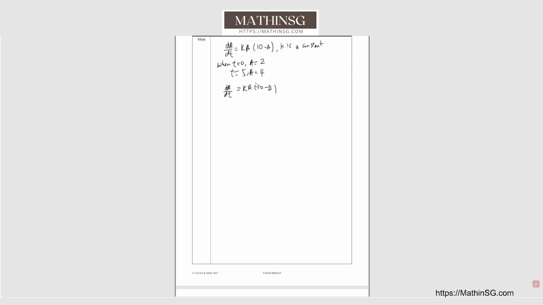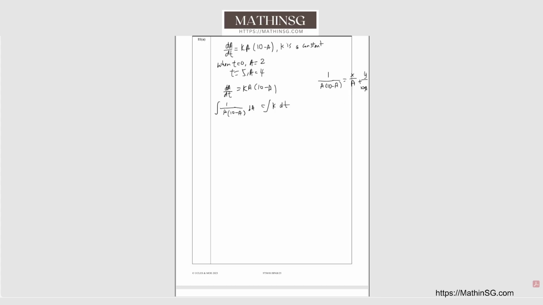So I'll divide by a and 10 minus a to the other side. So 1 over a(10 minus a) dA equals k dt. Then in order to integrate, I need to apply partial fractions. 1 over a(10 minus a) equals x over a plus y over 10 minus a. So I need to find x and y.